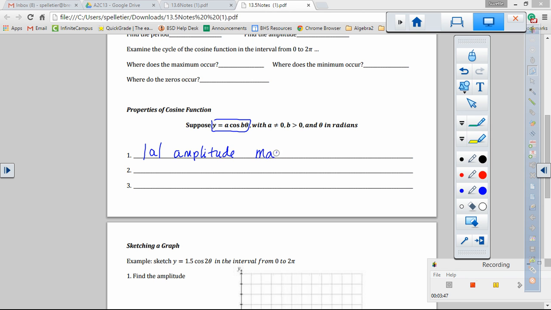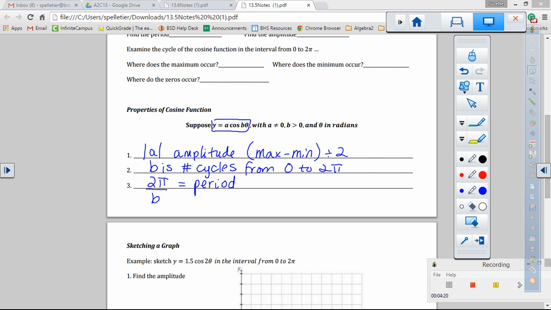So again, that's your max minus your min divided by 2. B is the number of cycles from 0 to 2 pi, so no different. And the period is 2 pi over b. Okay, and that's how long one cycle is.